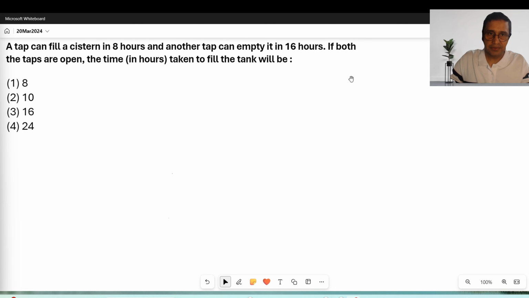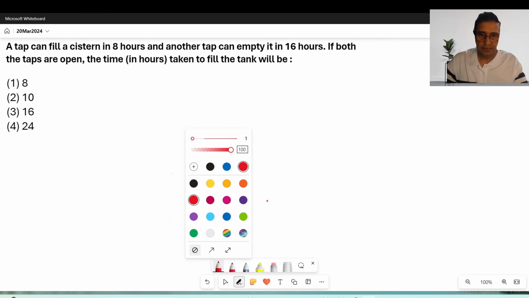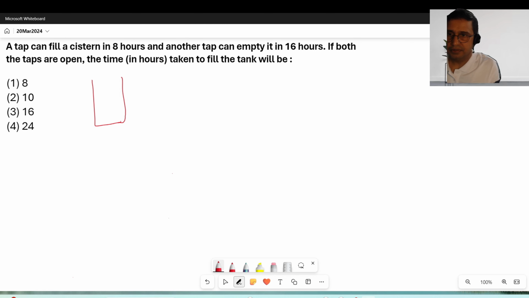To understand this question, it will be easy if we draw a simple diagram. So let's do that. Here is a cistern, and this is one tap.